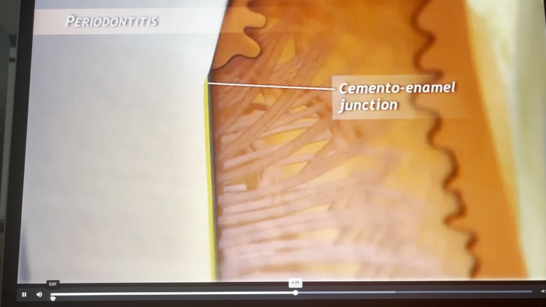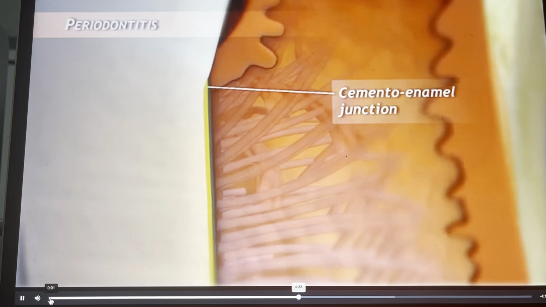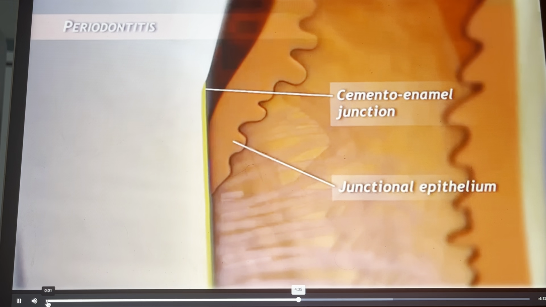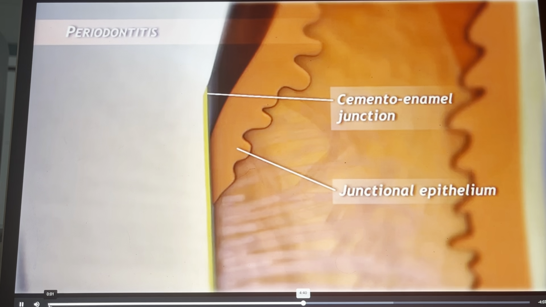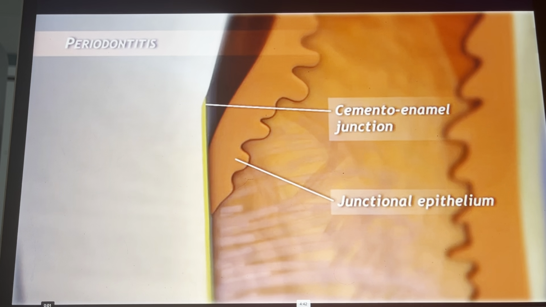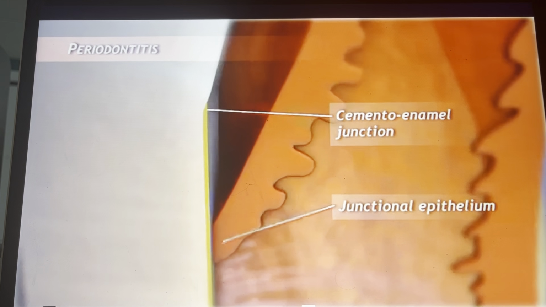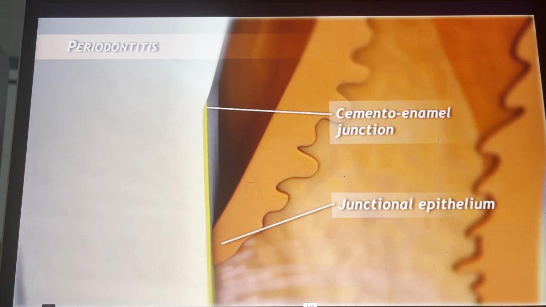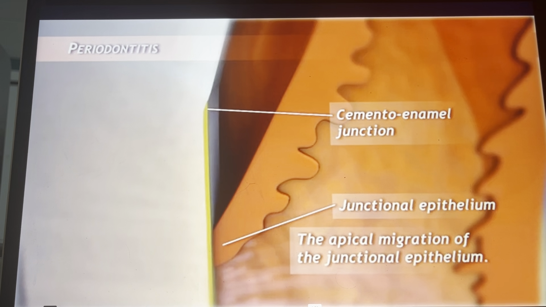In periodontitis, the periodontium undergoes the following changes. The junctional epithelium is located on the cementum, apical to or below its normal location. Movement of the junctional epithelium apical to its normal location is termed the apical migration of the junctional epithelium.